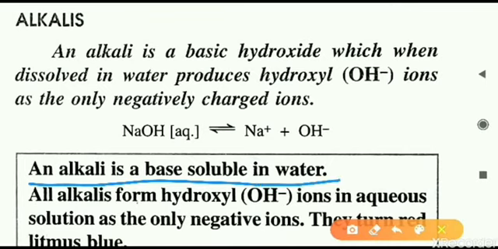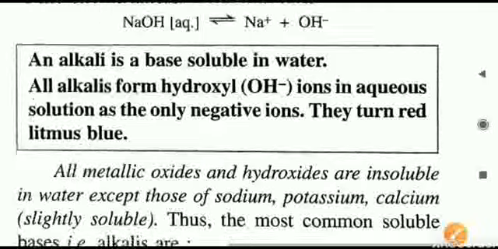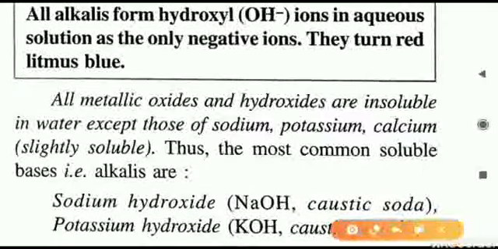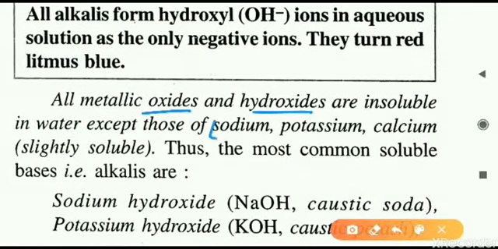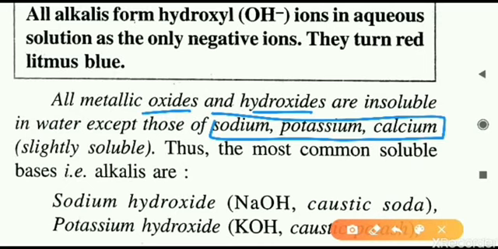And what are the examples, how can we learn them? This is a very simple thing. All those metal oxides or hydroxides formed from sodium, potassium and calcium. Only the oxide and hydroxide of sodium, the oxide and hydroxide of potassium, and the hydroxide of calcium. All these are examples of alkalis.